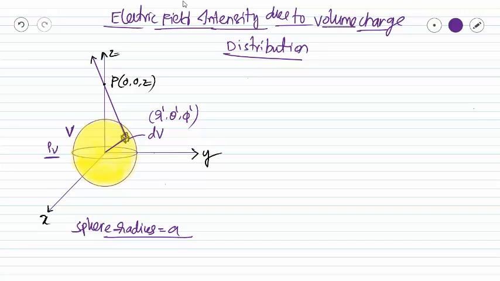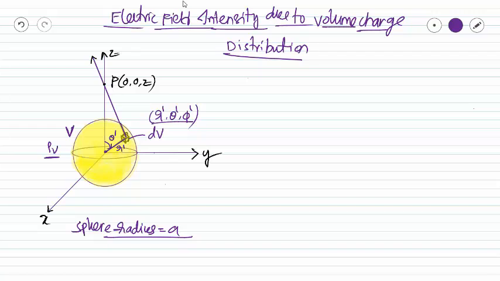This differential elemental volume dv is referenced at r dash, theta dash, phi dash. The distance from the origin is r dash, and this angle is theta dash.